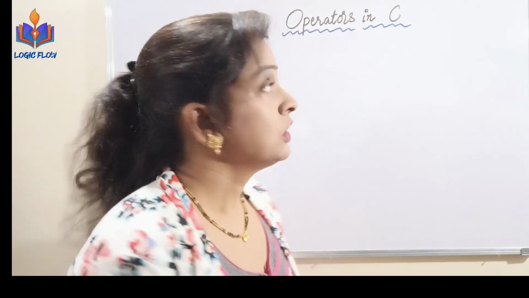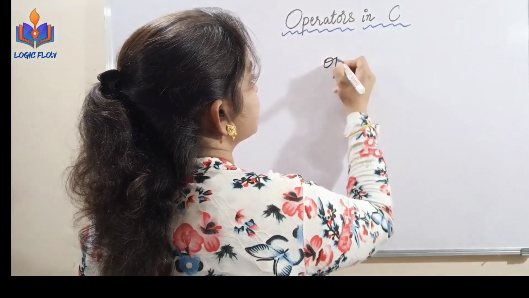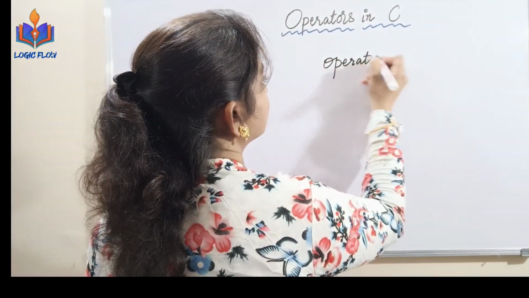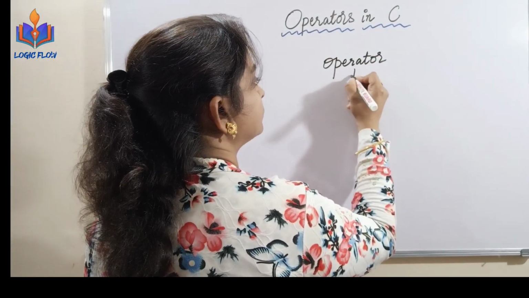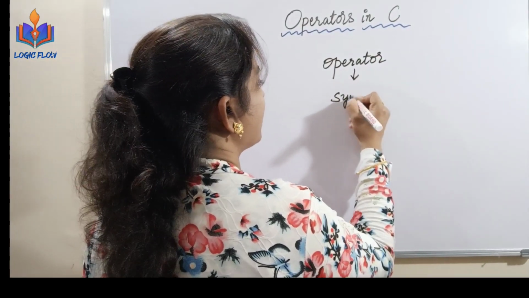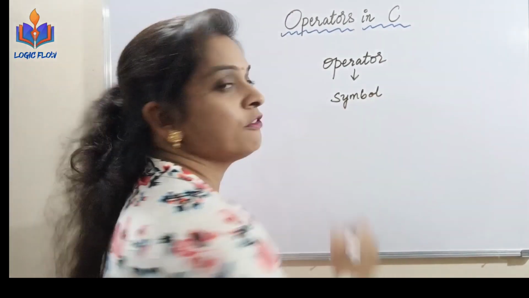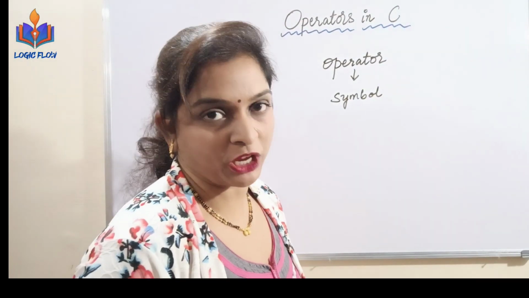So let us talk about operators. First of all, we have to know what an operator is. An operator is nothing but a symbol that performs a variety of operations.